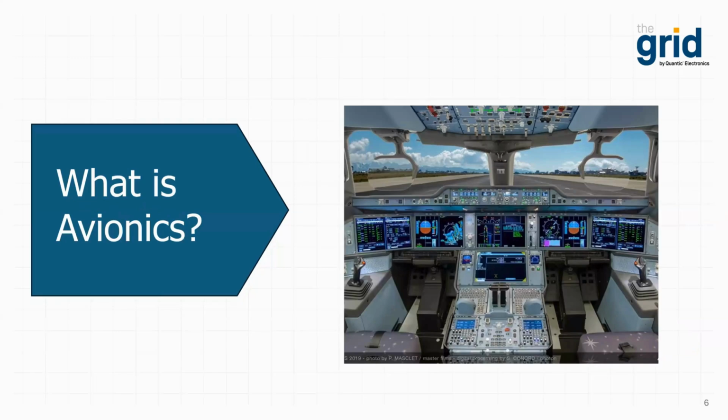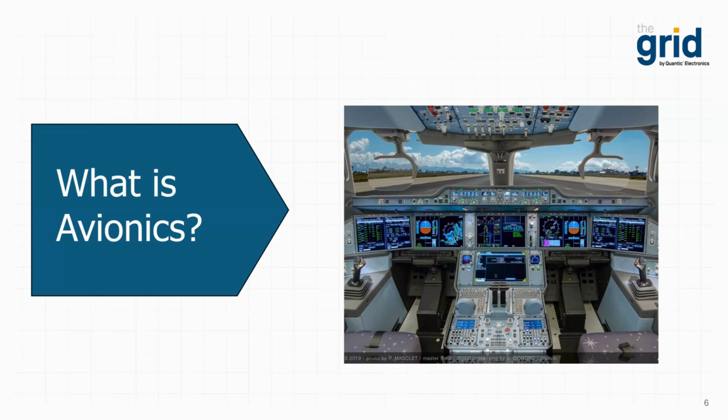So, what is avionics? Simply put, avionics is defined as electronic equipment fitted in an aircraft. Modern aircraft contain a suite of avionics equipment, including sophisticated navigation, communication, power, autopilot, and sensing systems.